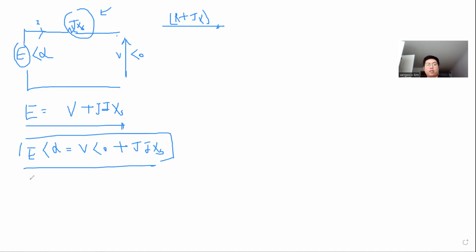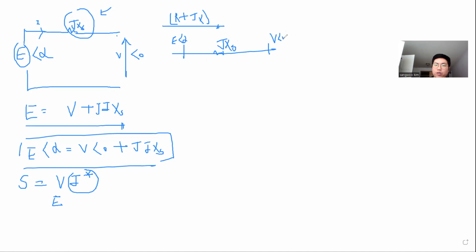As you remember, apparent power, but we need the conjugate of the I part. So actually in this part we could change it to E. We first try to find out I. So what I did was this: E delta equals J X S I plus V 0.